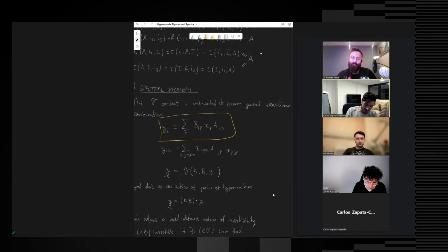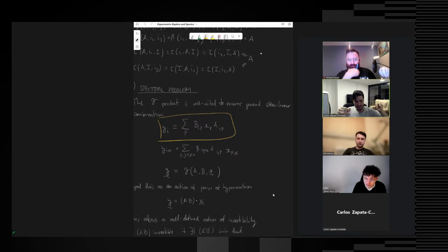So remember that this is just the analog of what you normally write, something like y_i equals the sum over p of a_ip x_p. So I'm literally just adding something else at the back, some b at the back, because you have to distinguish left and right multiplication.